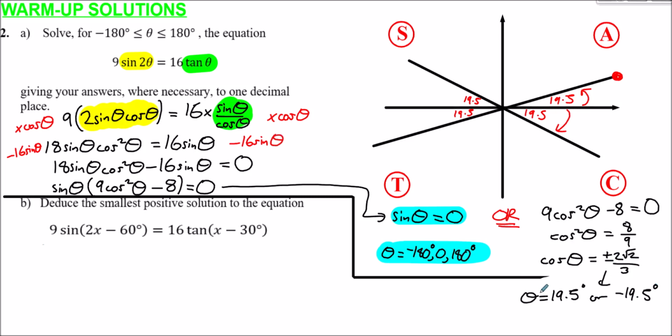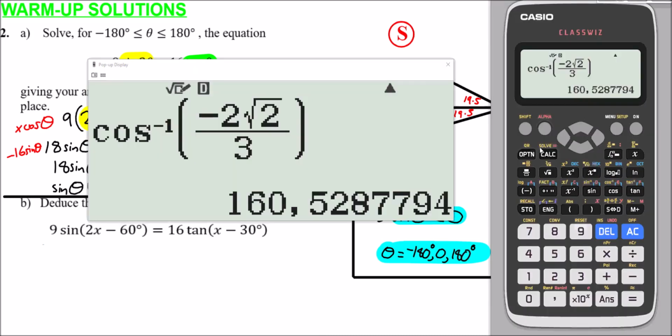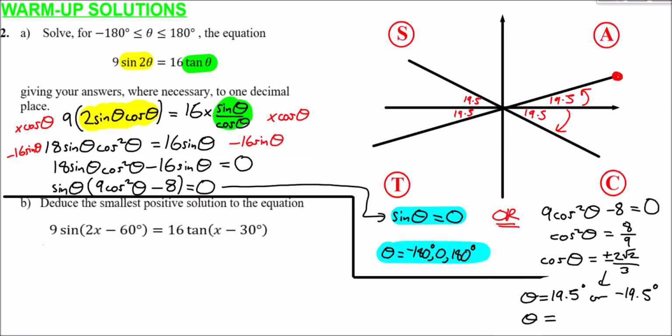And from the minus option, minus 2√2/3. Again, just checking the calculator to show you, we had 160.5. If you notice here, 160.5 plus 19.5 adds together. So actually, weirdly, this is still the same angle. So if theta is negative, then theta could also be along here. So it could be in the S quadrant, or it could be in the T quadrant.